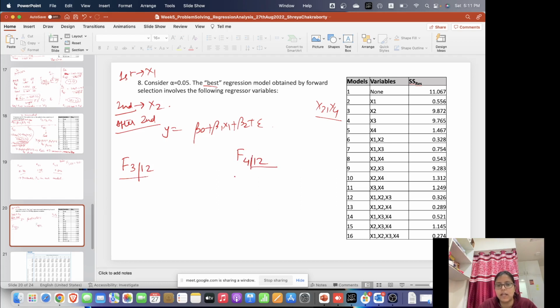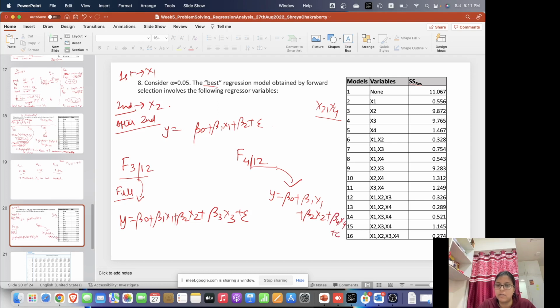In each of the cases the full model here would be y equal to beta naught plus beta 1 x1 plus beta 2 x2 plus beta 3 x3 without restriction. Here it would be beta naught plus beta 1 x1 plus beta 2 x2 plus beta 4 x4 plus epsilon. So the df's would be, in each of the cases, n minus 4, which is 26.